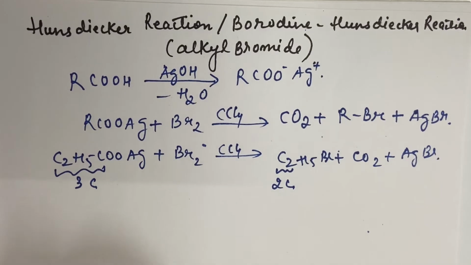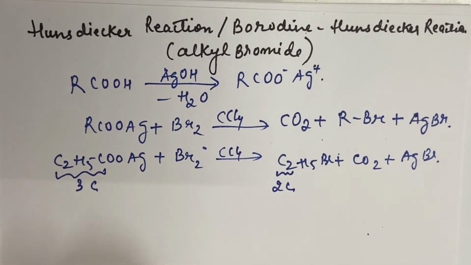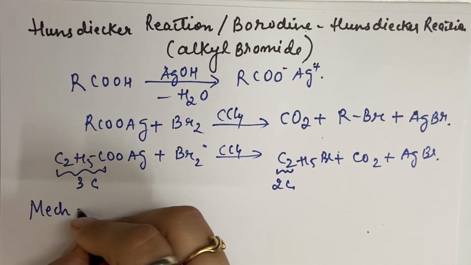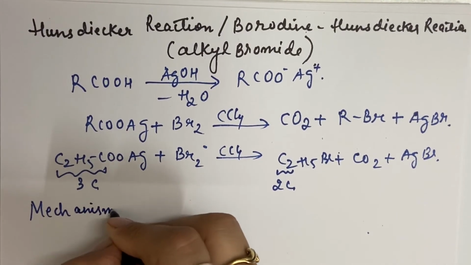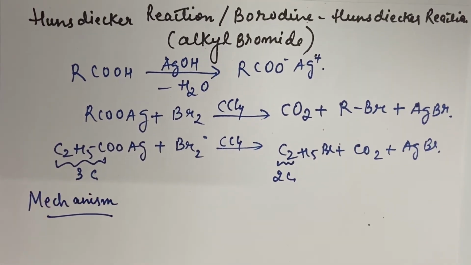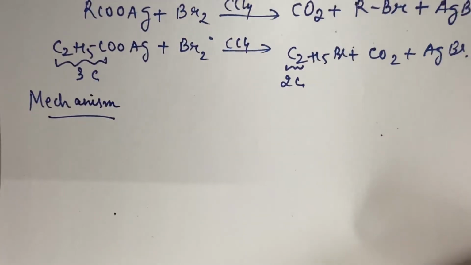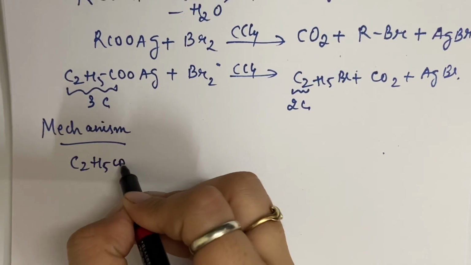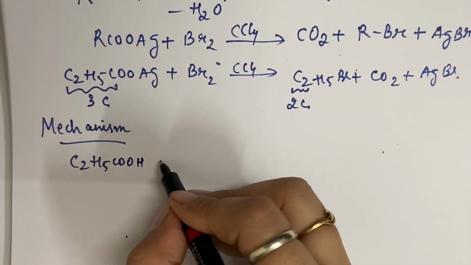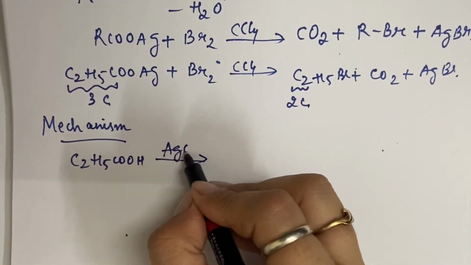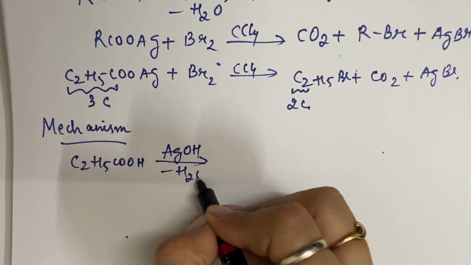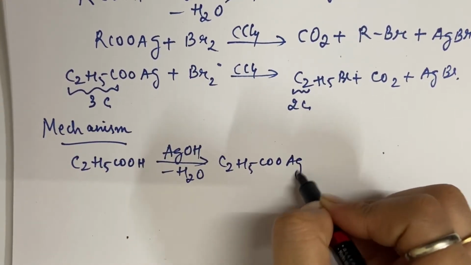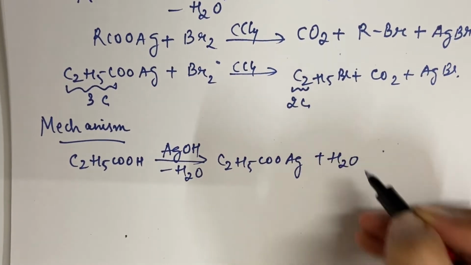Okay. Now we can go for the mechanism of this reaction. See, first you have C2H5COOH. It will first react with AgOH and a water molecule will be removed. So it will become C2H5COOAg and H2O.